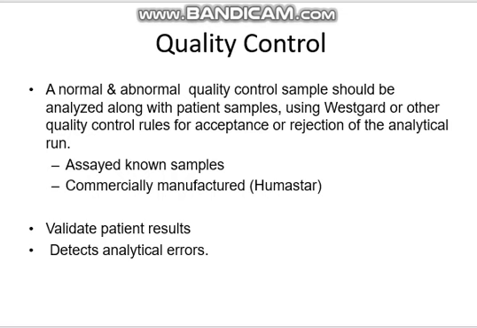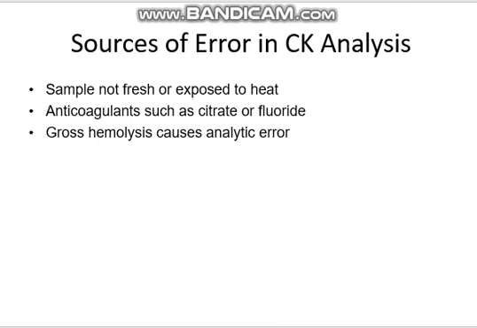In order to check for errors, we can follow Westgard rules or other quality control rules by checking it against, for example, the chart. That will allow us to make sure that the result is correct. Validation of patient results, you have to make sure that the result you are giving out is really for the right patient.